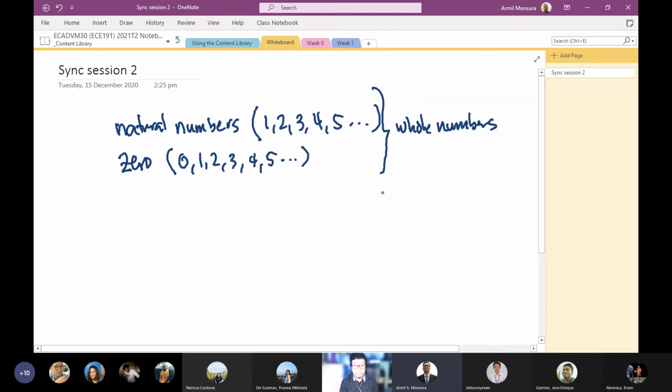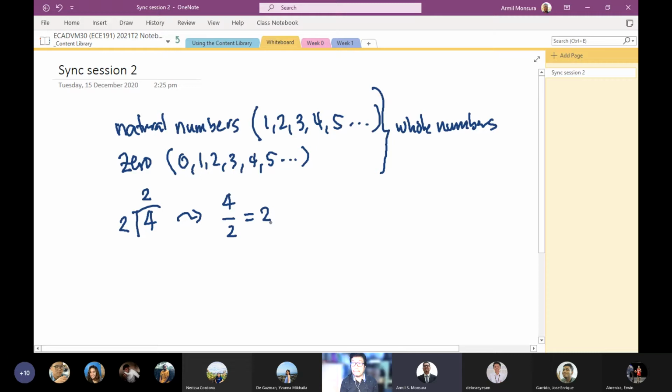For example, dati marunong kayo mag-divide ng say 4 divided by 2, which becomes 2. Okay? So basically, kung isusulat natin ito in an alternate notation, meron kayong 4 over 2 equals 2.